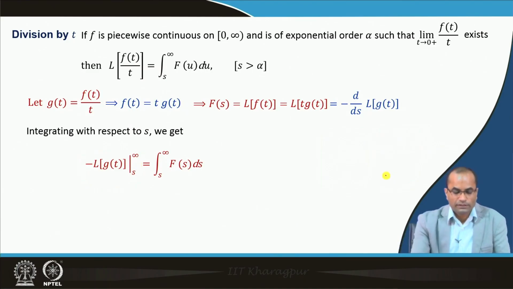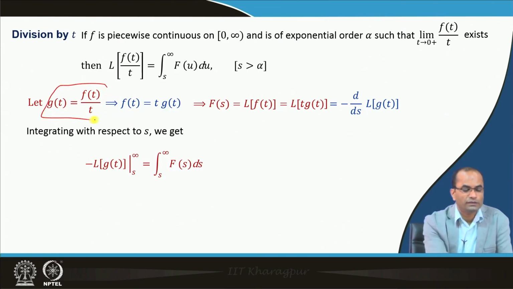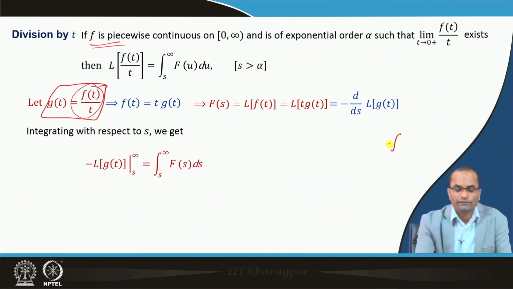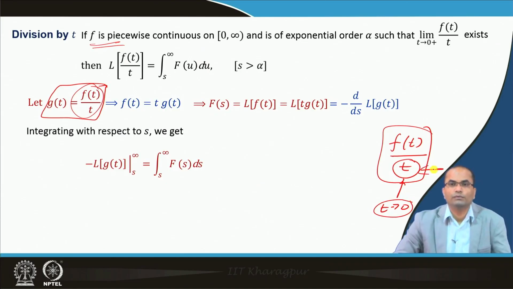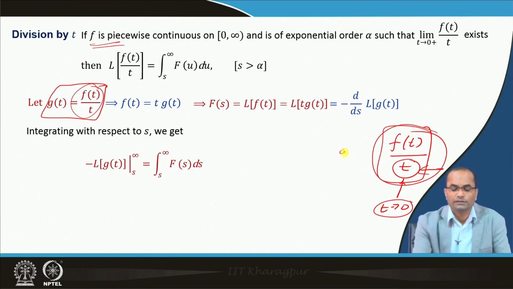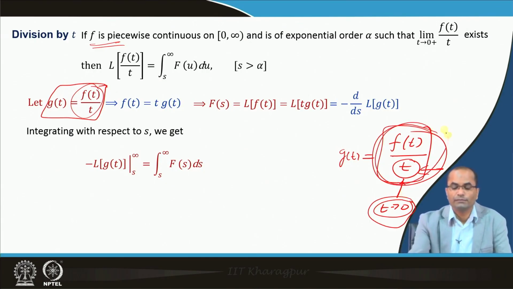Concerning the piecewise continuity of g t, here g t is f t over t, and f is piecewise continuous. So, we have the piecewise continuity of f already, and t is anyway continuous. Other than that, because there is a point when t approaches 0, there is no issue about the piecewise continuity of this quotient, which we have denoted by g t. But the question is that when t approaches 0, this limit may not exist.